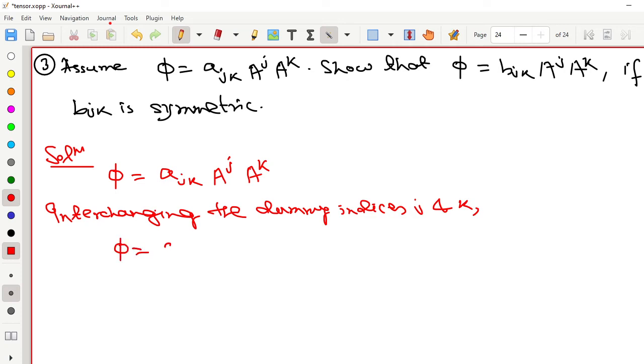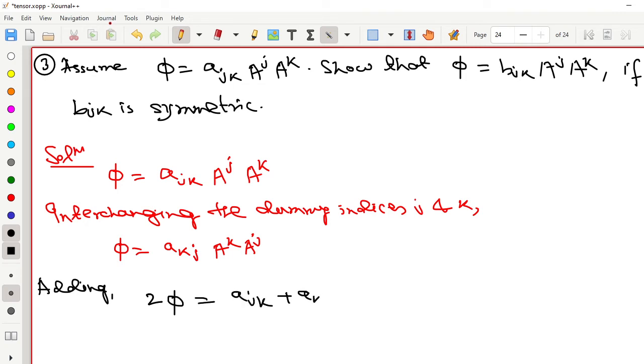Because they are dummy, so I write it as akj ak aj. Let us add these two. If I add these two I get 2 phi equals ajk plus akj, and I have a common aj ak, right? Is it clear to you?